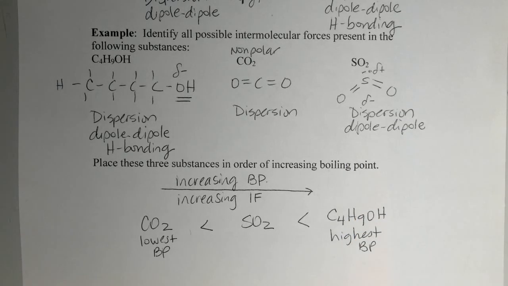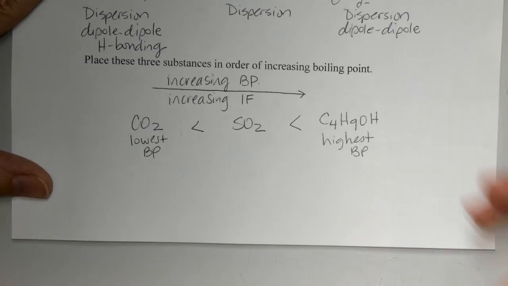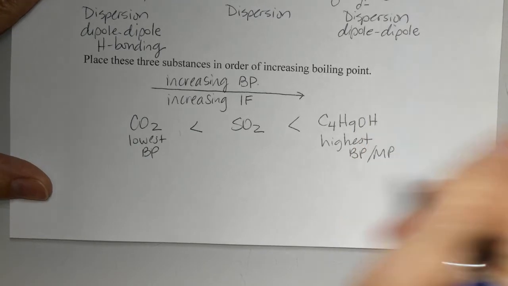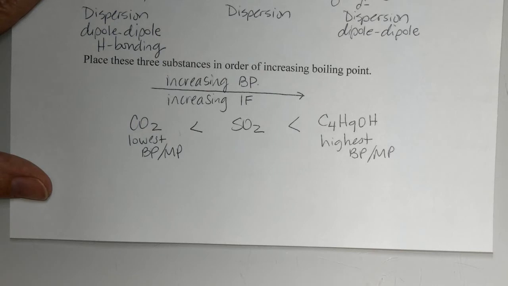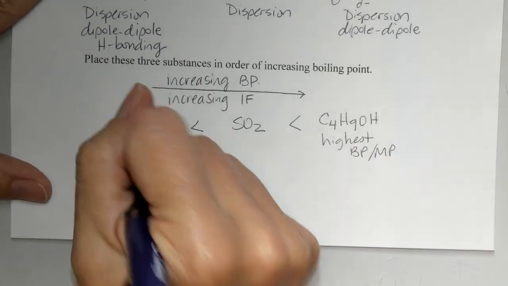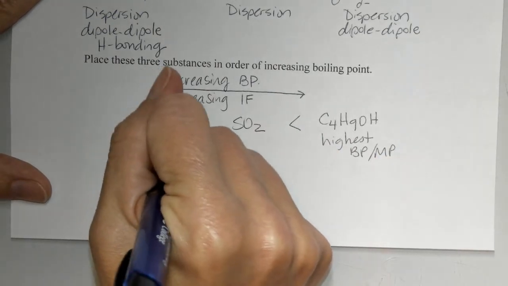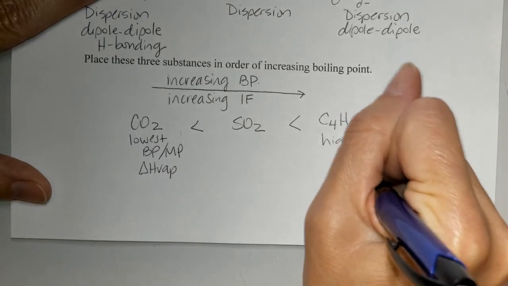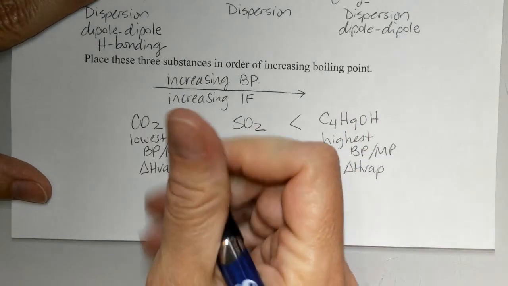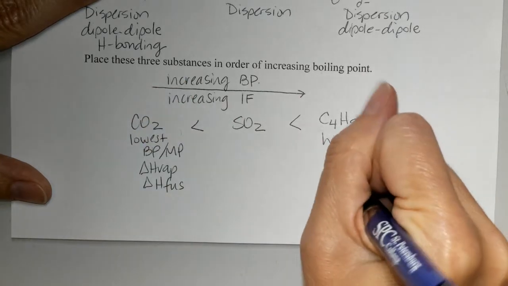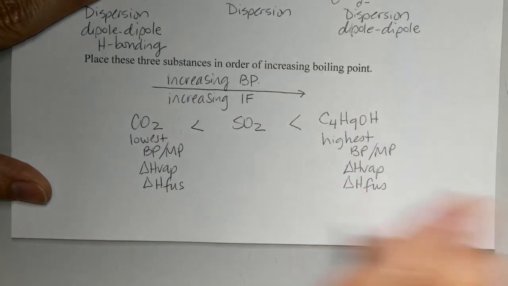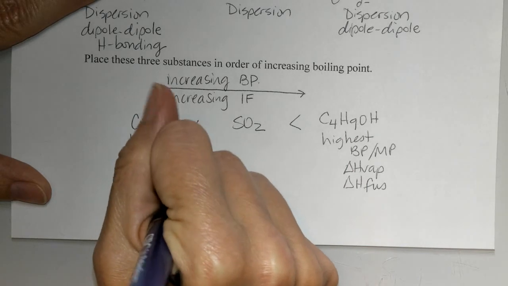All right, so again, going with other things that we talked about in this chapter, it could have been boiling point, could have been melting point. If we looked at that, it's the same idea, breaking those intermolecular forces. The other thing we could have looked at was the heat of vaporization, or the heat of fusion, or sublimation.